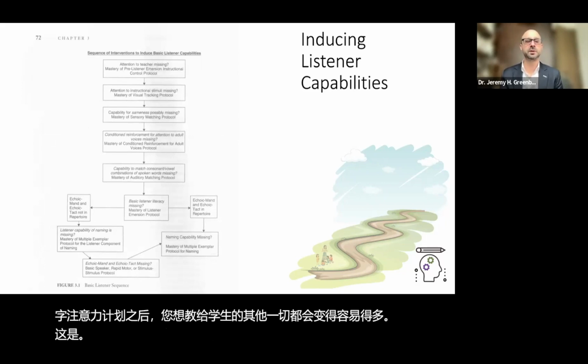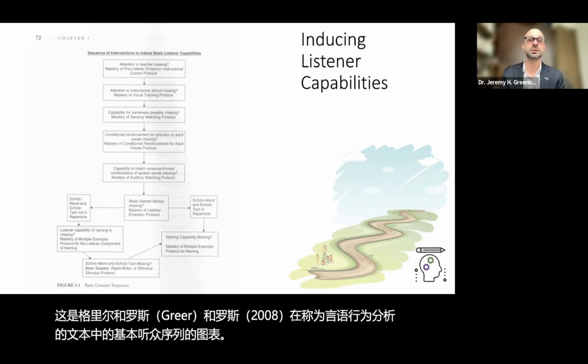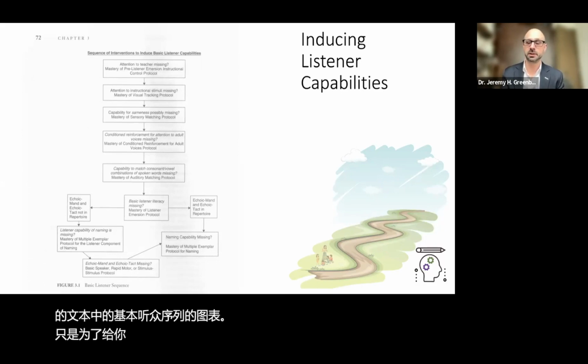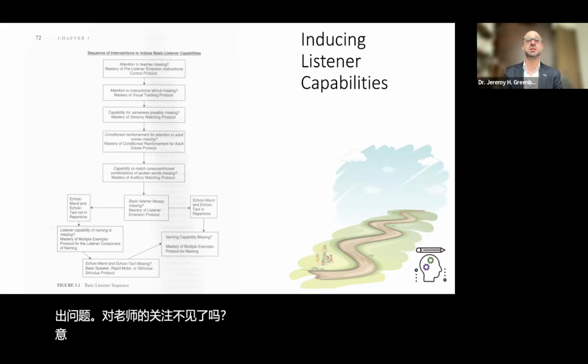This is a figure on basic listener sequence from the text called Verbal Behavior Analysis by Greer and Ross, 2008. Just to give you a little sense of how you might go about this process. So we're asking questions here. Is attention to the teacher missing? Is attention to instructional stimuli missing?